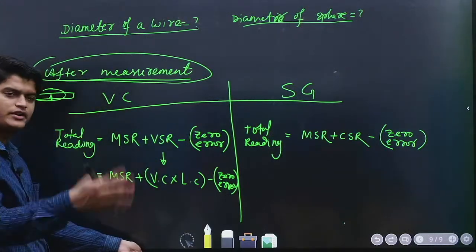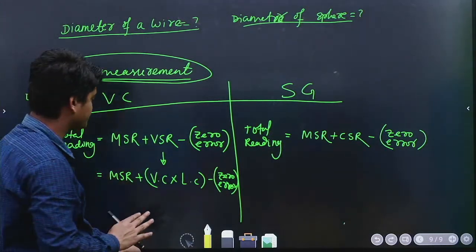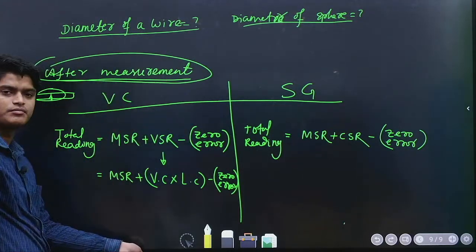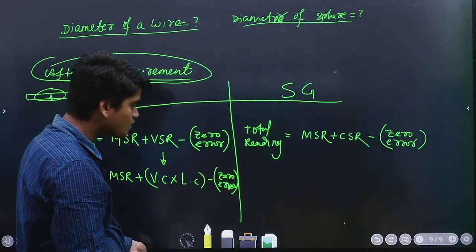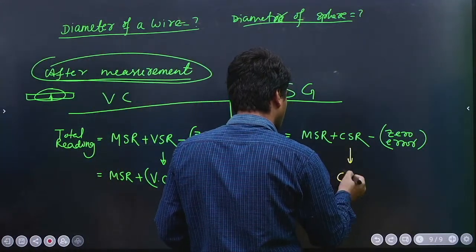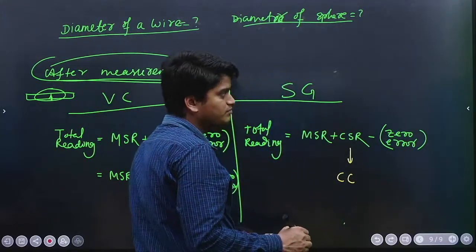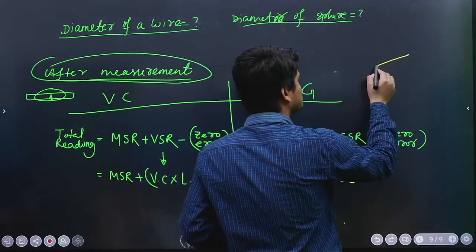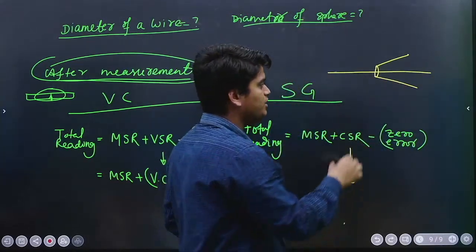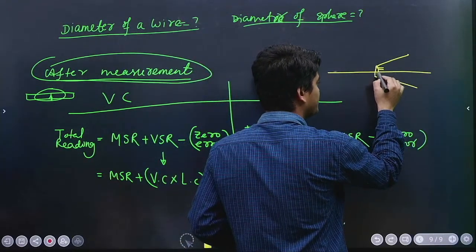This is one idea, remember. Exactly everything I will take in the next class. Today remember MSR plus VSR minus zero error, where VSR is vernier coincidence into least count. And CSR is circular coincidence, because here one circular scale is there and one main scale is there, with some circular scale divisions.